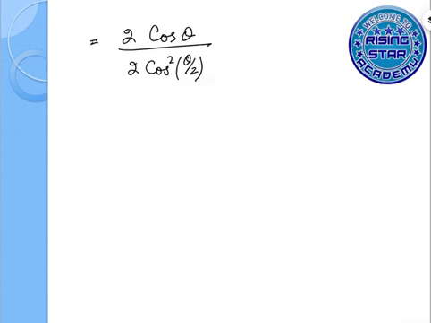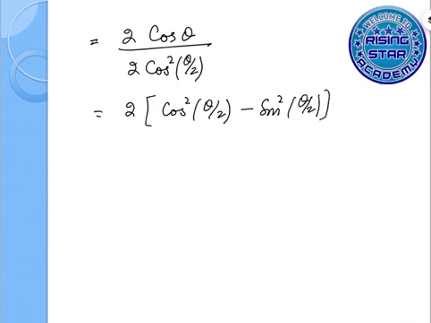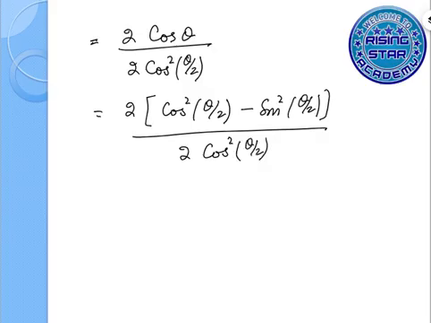Now I will replace, so that would be 2 times cos square of theta by 2 minus sine square of theta by 2 divided by 2 times cos square of theta by 2.